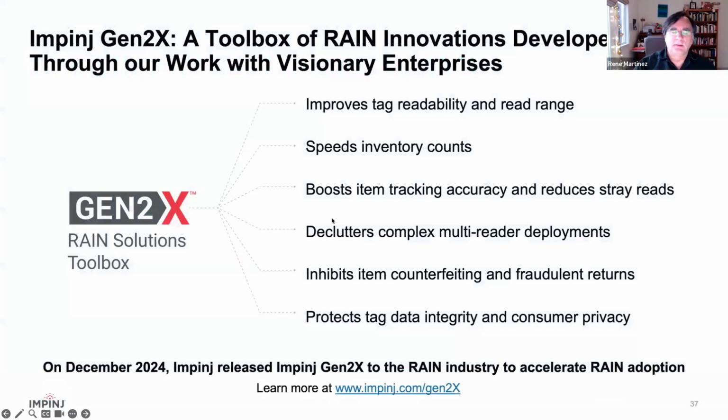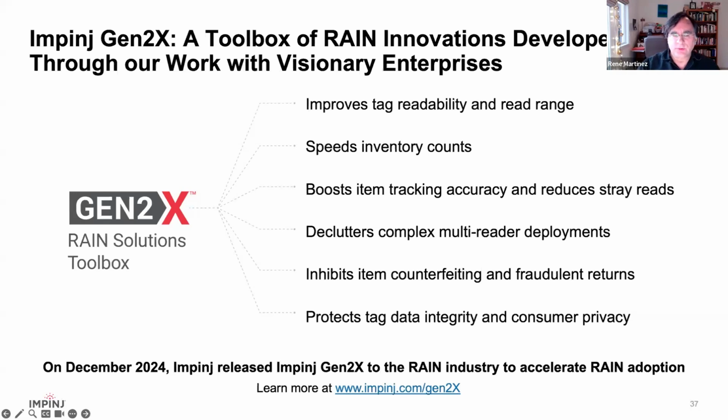Thanks, Claude. Impinj started working on Gen2X years ago to address embedded use cases in small tags. Later on, when the Gen2v3 charter emerged, Impinj realized that some of the Gen2X concepts we had been working on could also apply to Gen2v3.